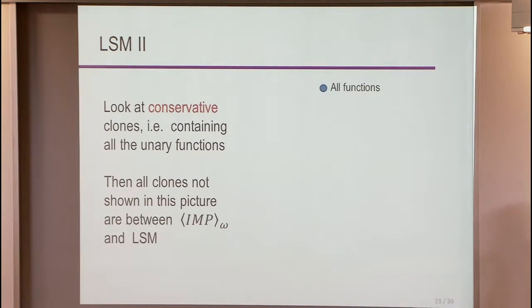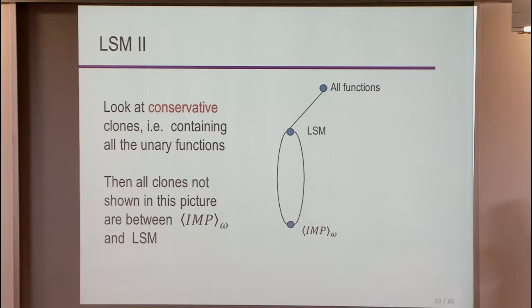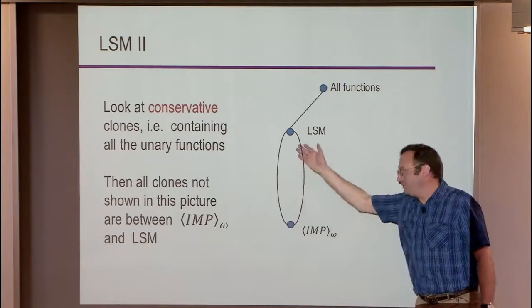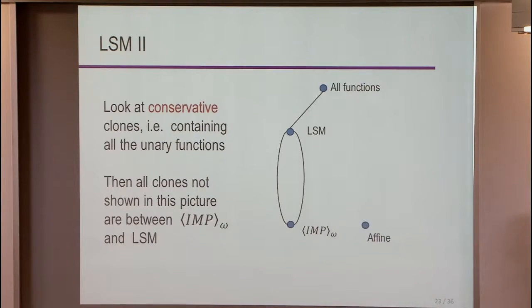So it's the clone of all functions, LSM of course, and there is a connection between them. Imp, and there is something between them which is not shown in this picture because we don't know what's in between. There is the affine clone which corresponds to solving linear equations. And there is equality. And there is nothing else somehow. So this is all.